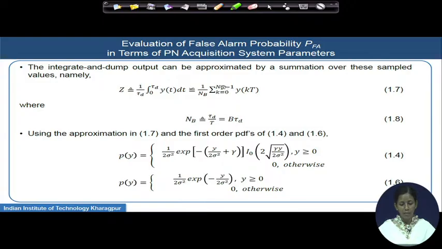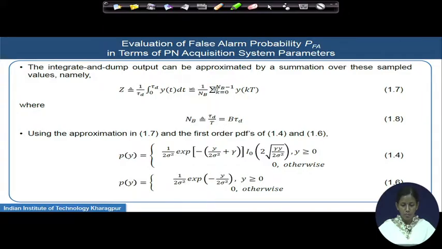What is this N_b? N_b tells how many samples you can get. The number of samples you can get is the duration over which you are sampling, tau_d, divided by the sampling time. So, fundamentally it is the bandwidth multiplied by this tau_d, the dwell time over which you are dealing.